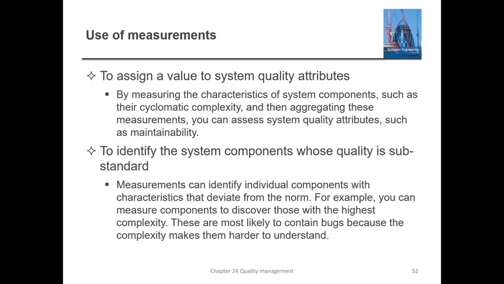As an example, if you measure components that have the highest complexity value, then definitely they will have the most bugs. If there are the most bugs, then it will be very hard to understand the code and very hard to implement. At that time, what we can do is provide the substandard method. That is also known as the indirect way of measurement. So in these two ways, we are going to use our measurements.